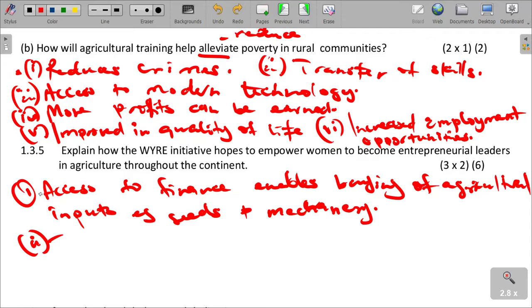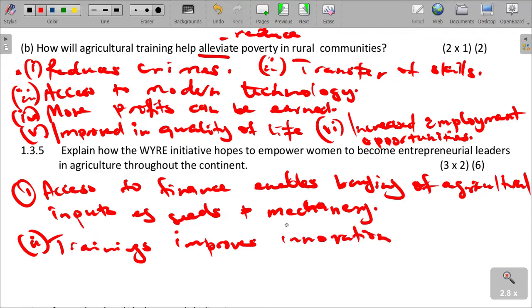The trainings can help to improve women's innovation in agriculture.